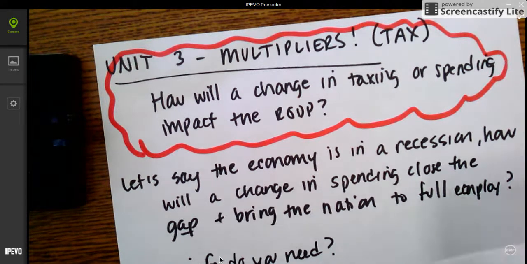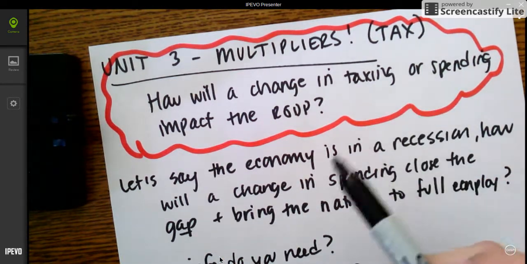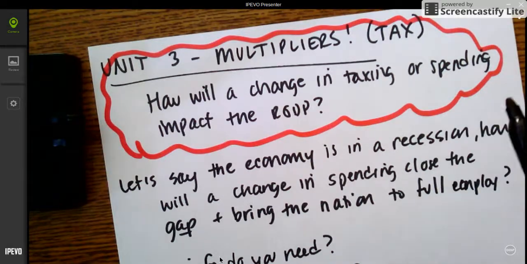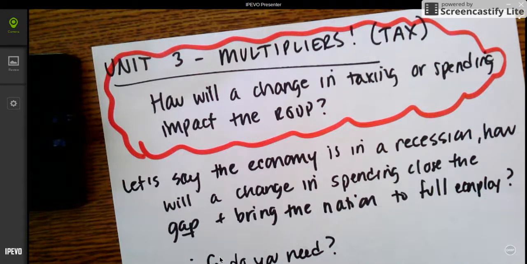So again, this is all about fiscal policy, or a change in anything in the C plus I plus G plus Xn aggregate demand category. But taxing has to come from the government.